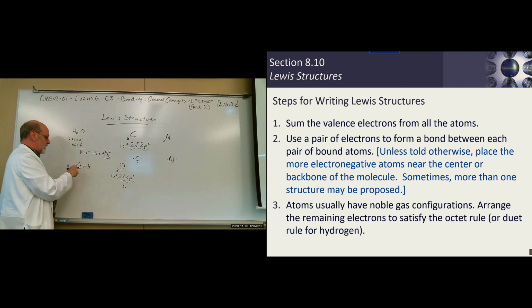And I didn't look ahead, but here it is again on the slides. You add up all your valence electrons for the molecule. Then you use single bonds to attach atoms to the central atom.